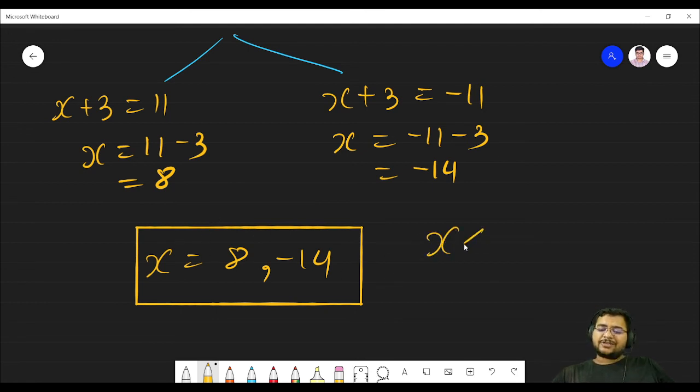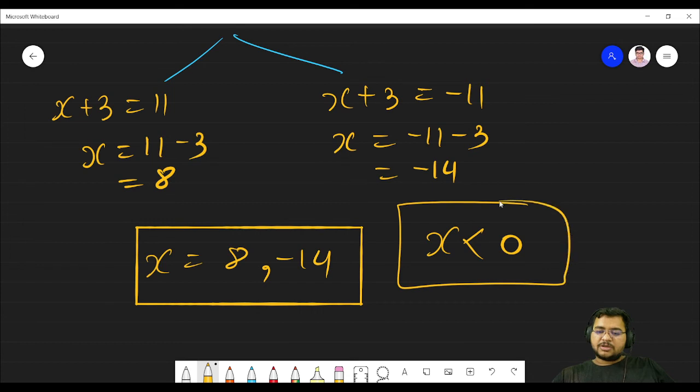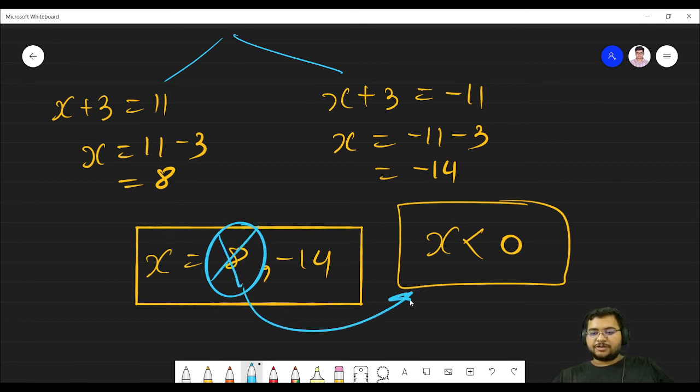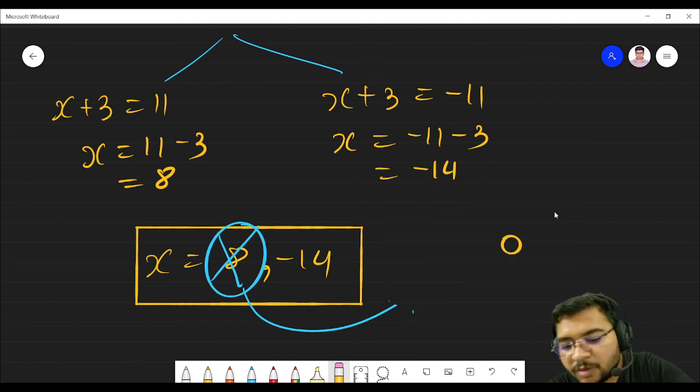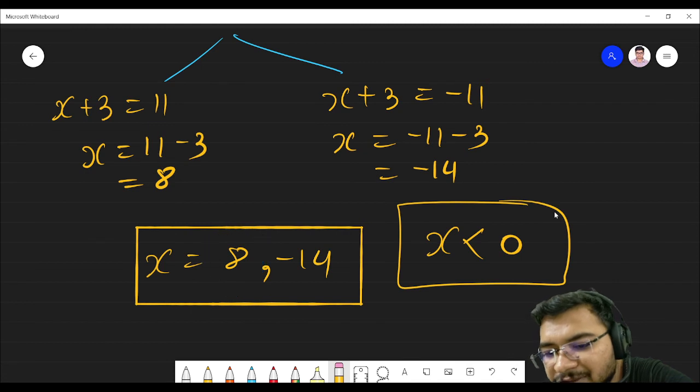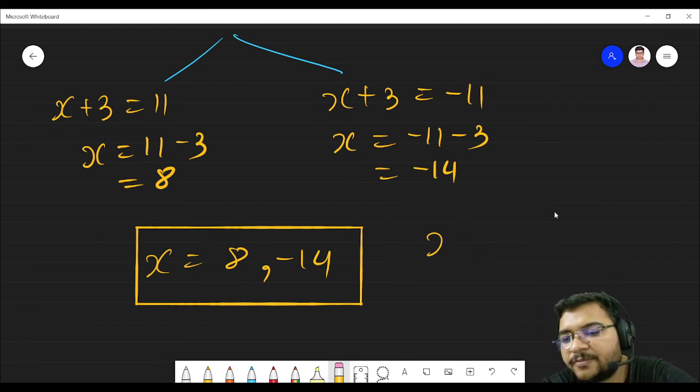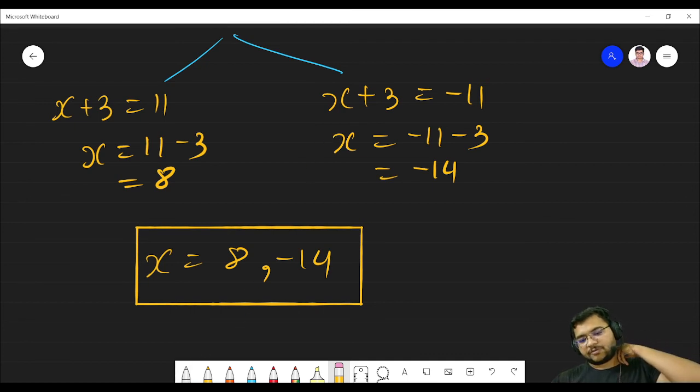If it were given that x is always a negative number, then you would have to ignore the positive answer because it would contradict the condition. It was not given in the question; I am just giving you an example. So we accept both answers, 8 and -14.